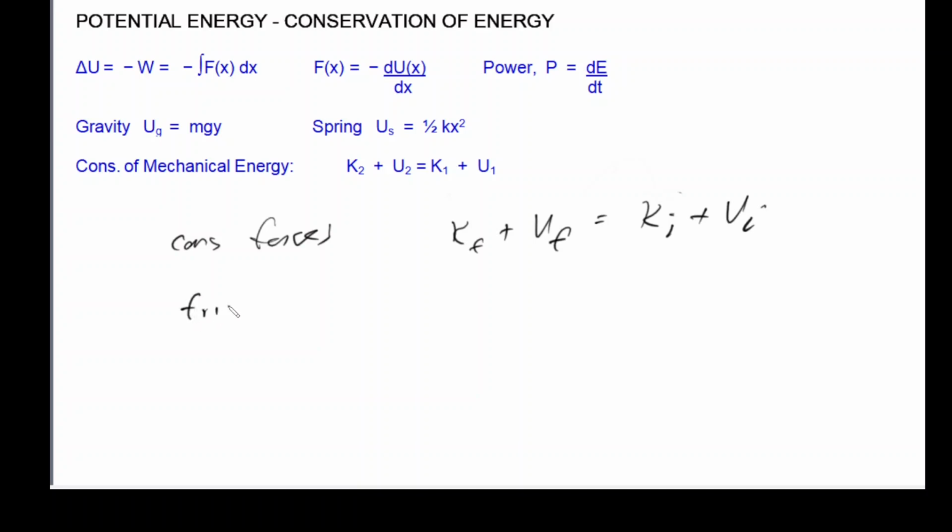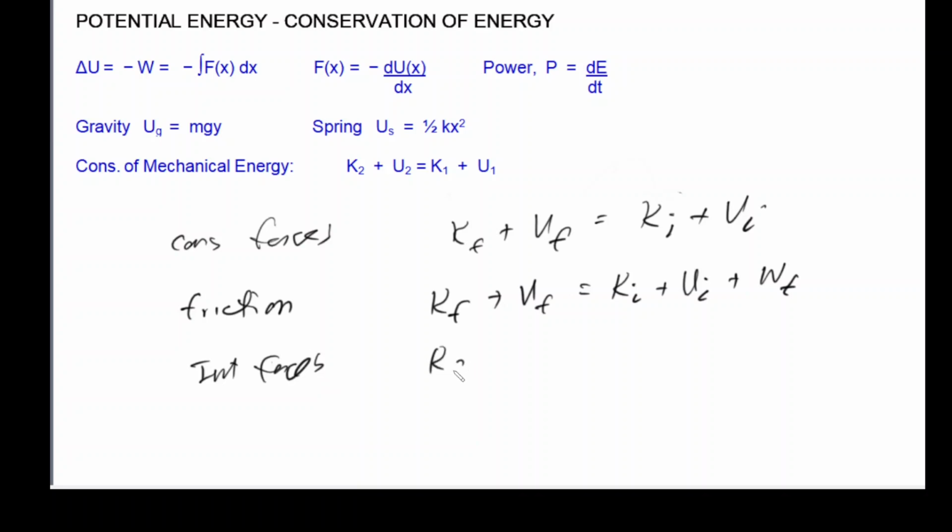If we add friction, then the total final energy is equal to the initial mechanical energy plus whatever work was done by friction. And if we have other internal forces, then the total final energy will equal our initial mechanical energy plus the work of friction plus the work of the internal forces.